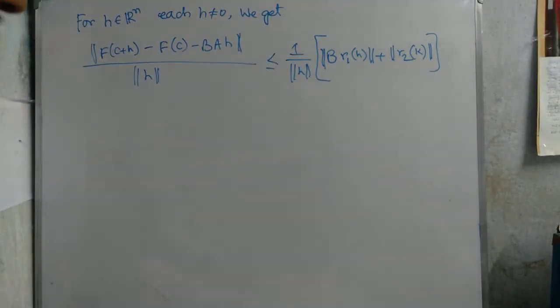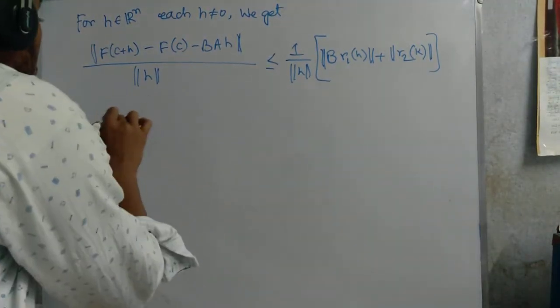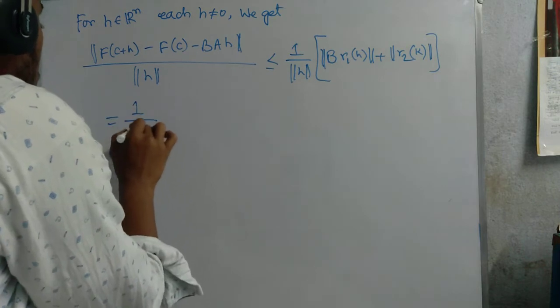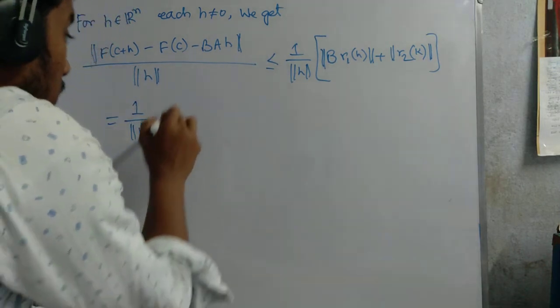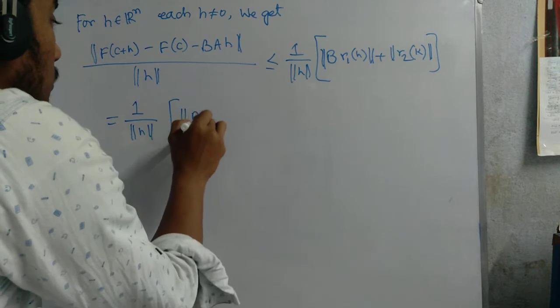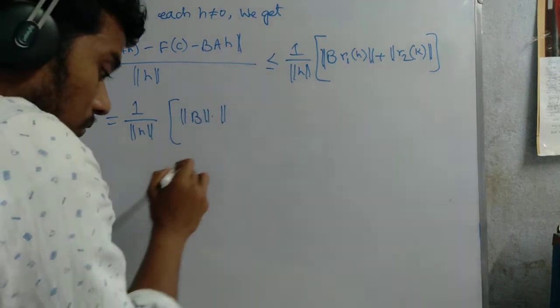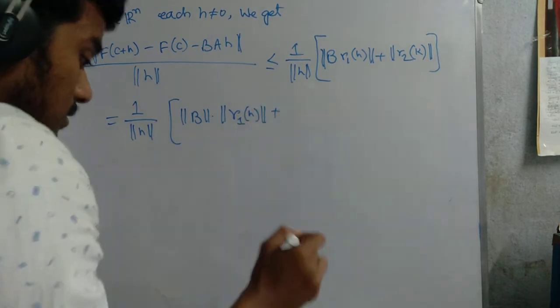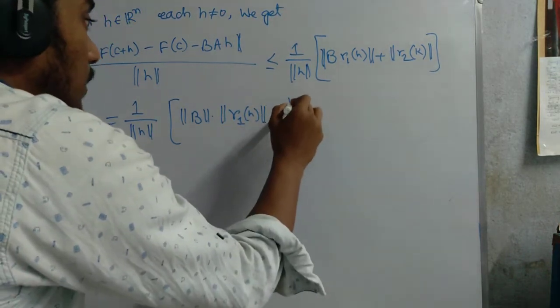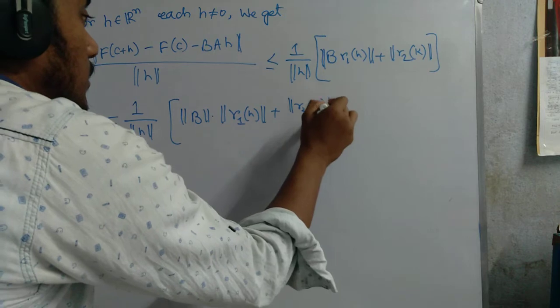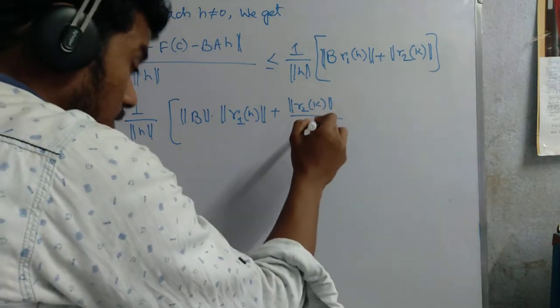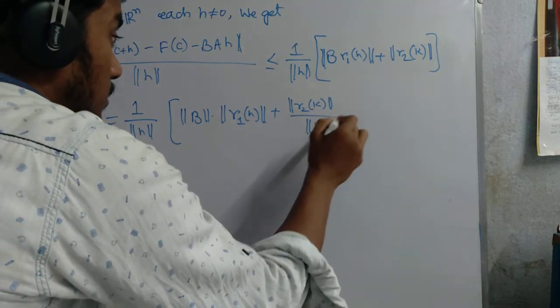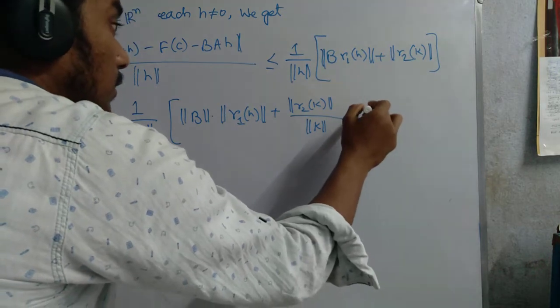This equals 1 over the norm of h, times the norm of B times R1(h) plus the norm of R2(k) divided by the norm of k, multiplied by the norm of k.